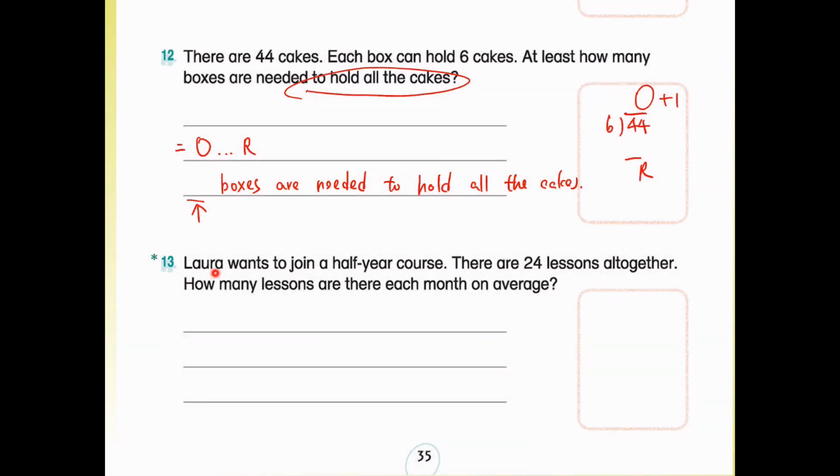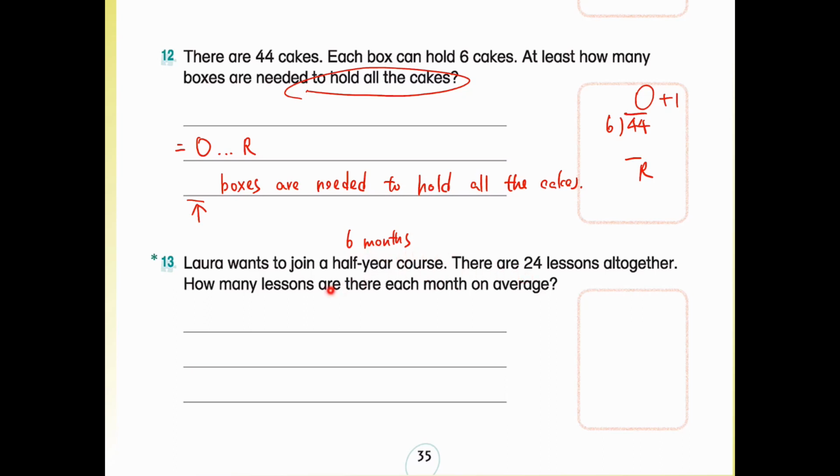Question 13. Laura wants to join a half-year course. There are 24 lessons altogether. How many lessons are there each month on average? So here we're talking about month, and half year, that means there are 6 months. So among the 6 months, we need to do 24 lessons.